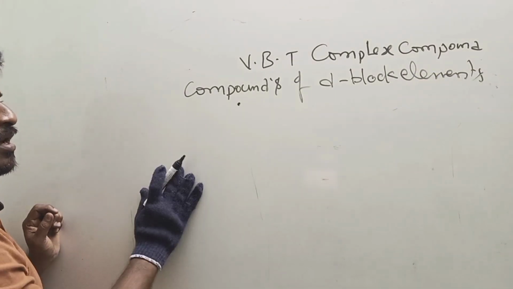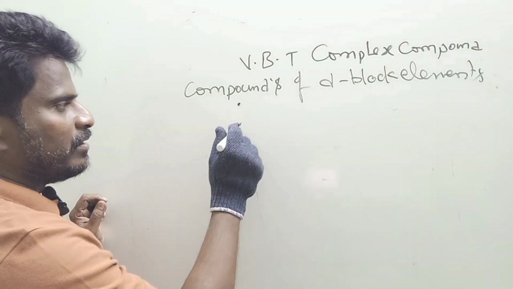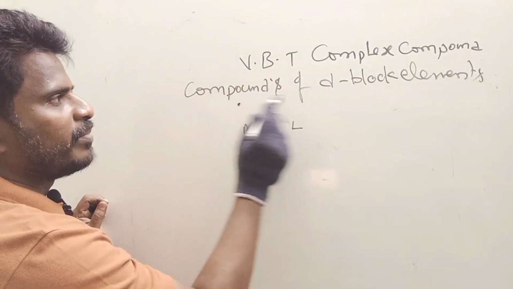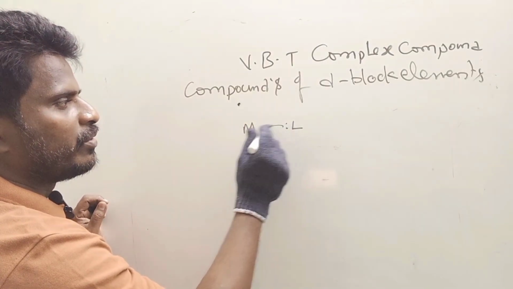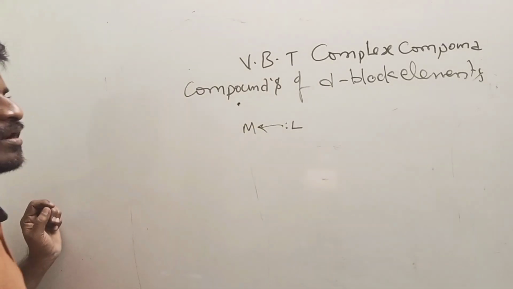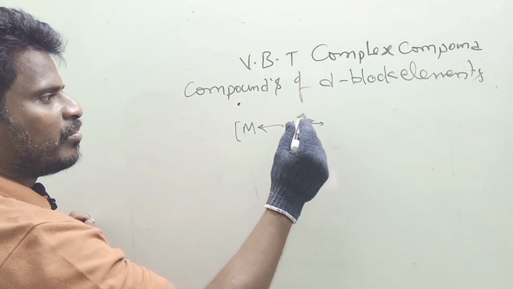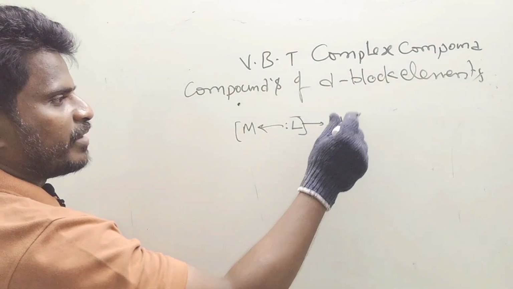Based on the approaching way of the ligand, if this is the metal and this is the ligand, in complex compounds the ligand donates a pair of electrons to the central metal atom. By this, the compounds exhibit some hybridization.